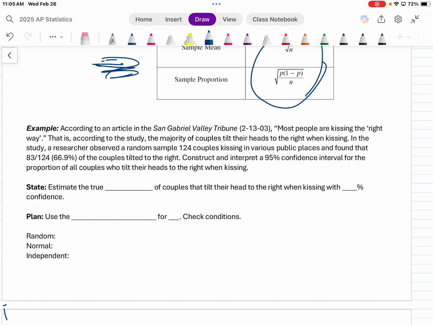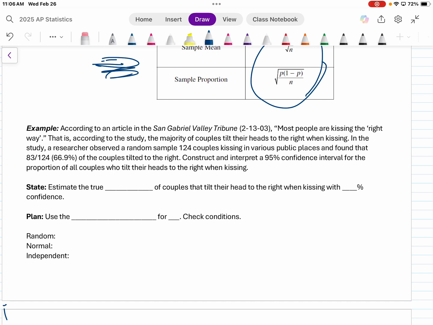According to an article in the San Gabriel Valley Tribune, most people are kissing the right way. That is, according to the study, the majority of couples tilt their heads to the right when they kiss.